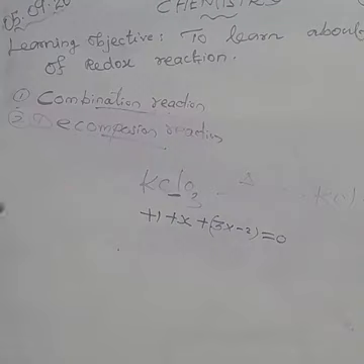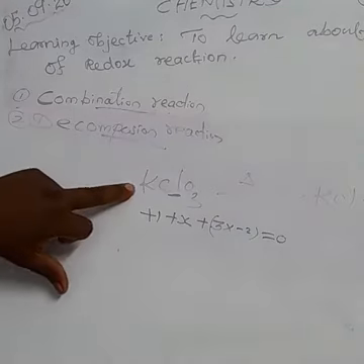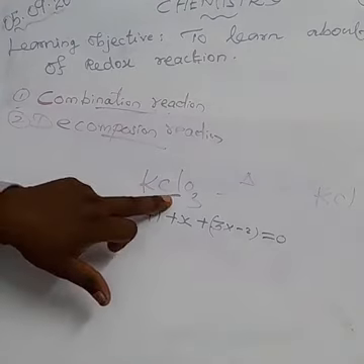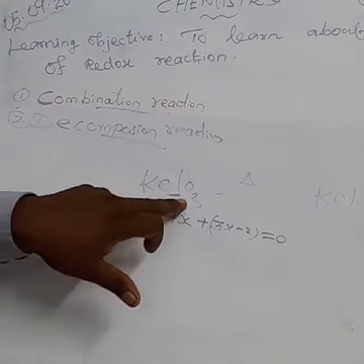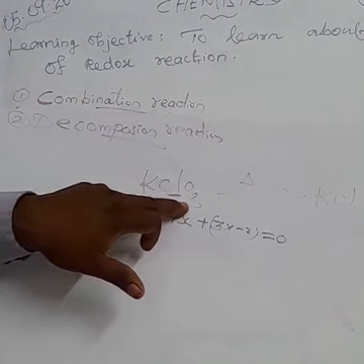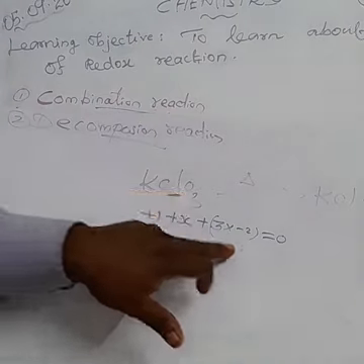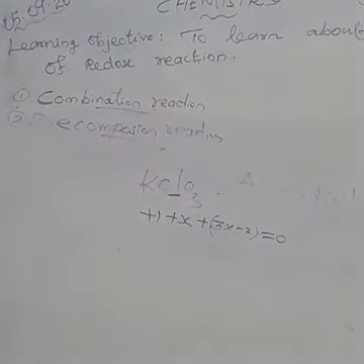For potassium, an alkali metal, we give the value +1. Chlorine we don't know, so we take it as x. And oxygen is -2, and there are 3 oxygens. This compound has no charge, so it equals 0.